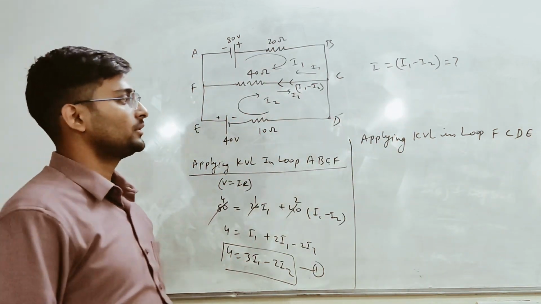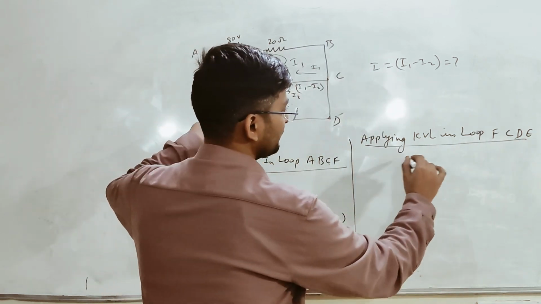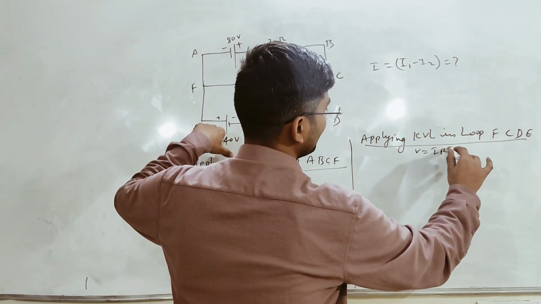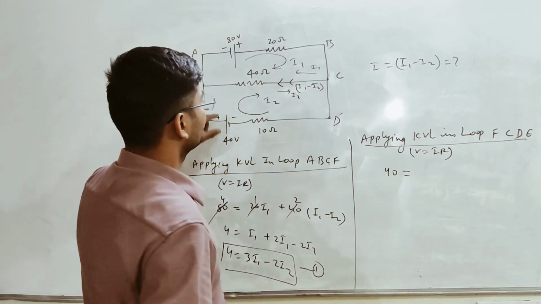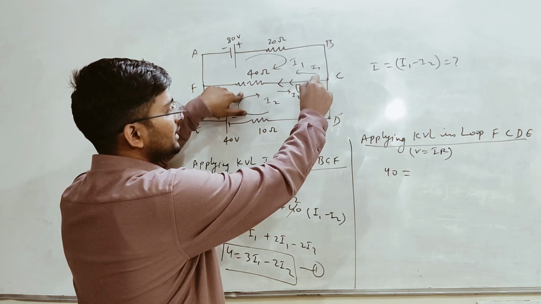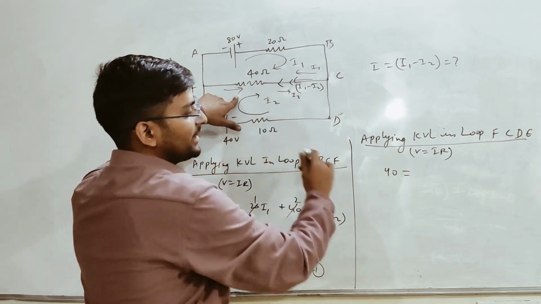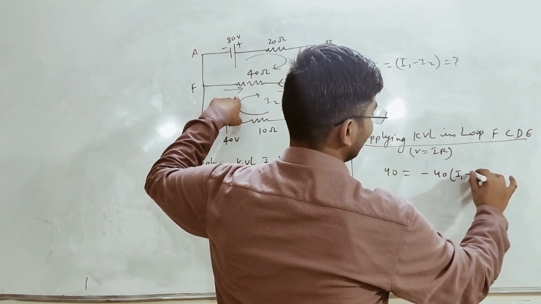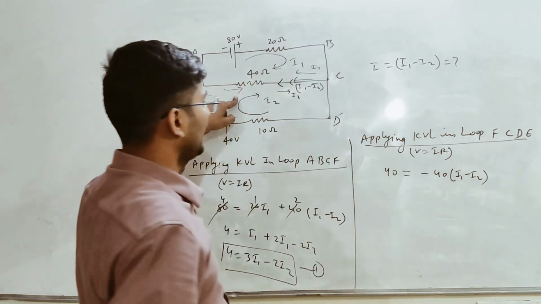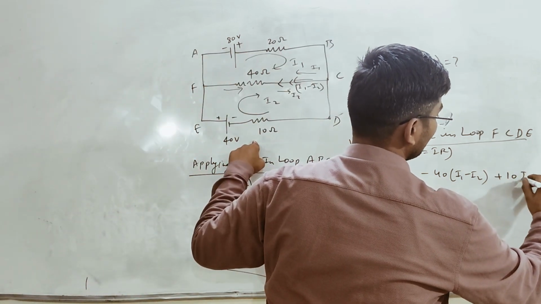Here also V is equal to IR. 40 is equal to, we consider the current direction this way, so the sign is negative here: minus 40 into I1 minus I2. And this 10 ohm is plus 10 into I2.